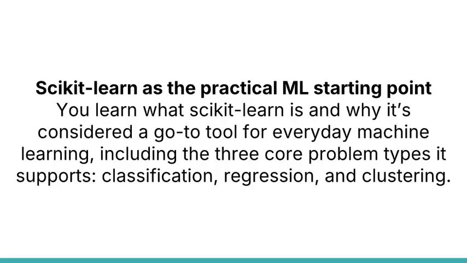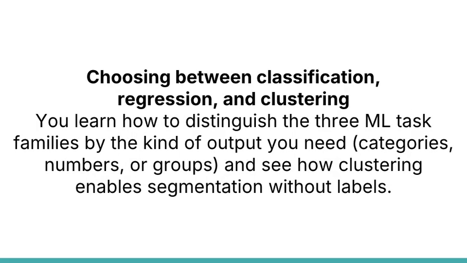And those terms, classification, regression, clustering, might sound a bit technical, but really they're everyday problem types. Like deciding if a customer will churn or not is classification, predicting next month's sales is regression, and finding natural groupings in data is clustering. Exactly. To add a bit more context, classification assigns items to predefined categories.